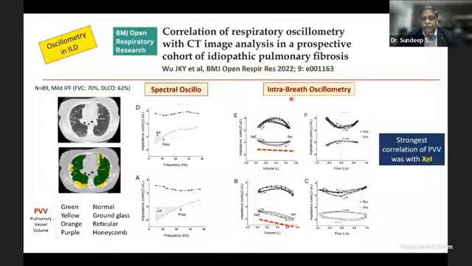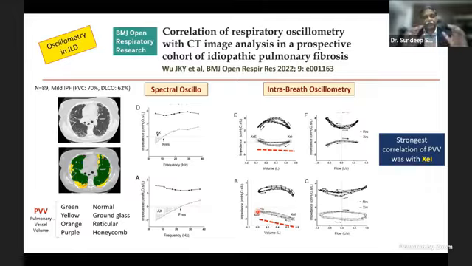and therefore you see that change in the small airway component over here. Now there is something called intra-breath oscillometry, which will tell you end expiratory reactance and inspiratory reactance. And you can see that end expiratory is less negative, end inspiratory is more negative. And this shape of the graph, inspiratory going more down compared to expiratory, classically seen in interstitial lung disease.